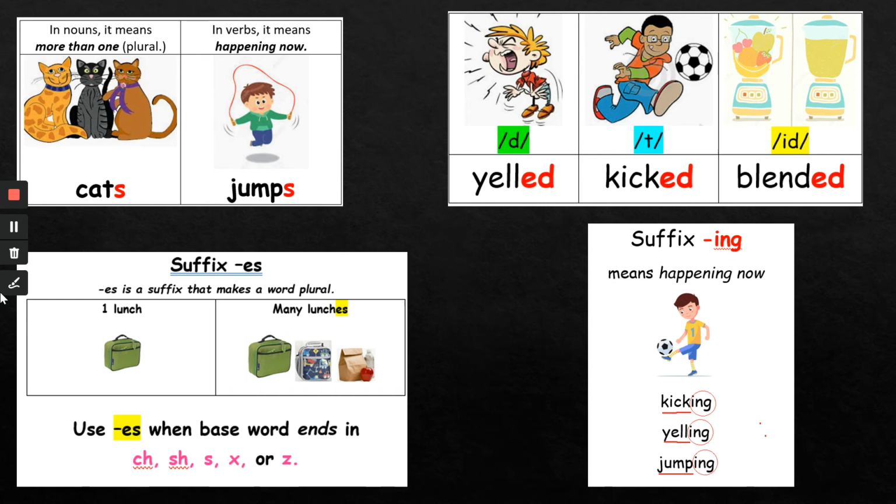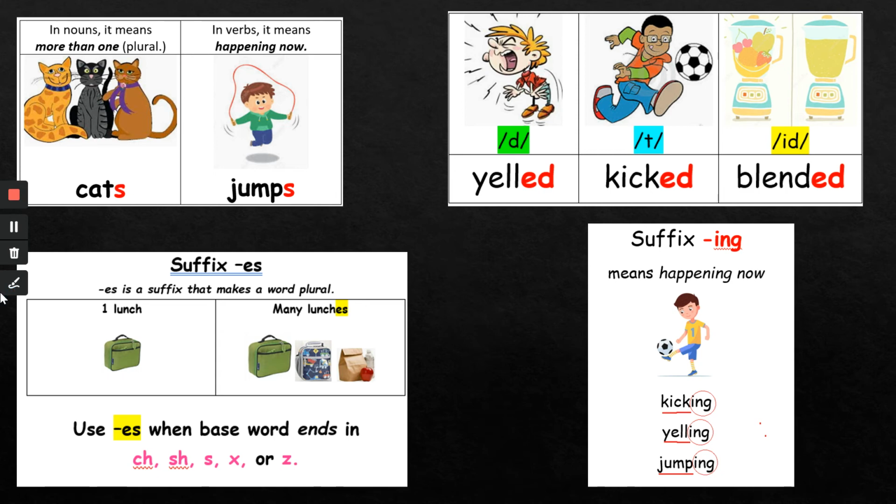So take a look at all of these suffixes that you have learned this year in first grade. You've learned about suffix s and suffix es, which are used for the same purpose. They either make words plural, meaning more than one, or they mean that a verb is happening right now in the present tense.